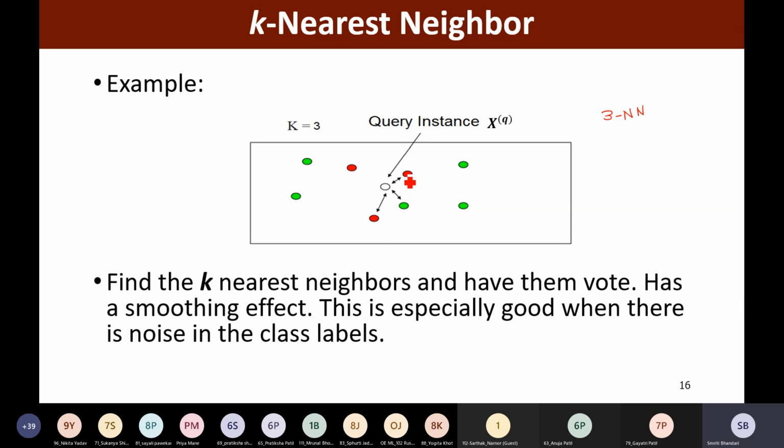Here we find that 2 samples have class label red and 1 sample has class label green. So which is the majority class?